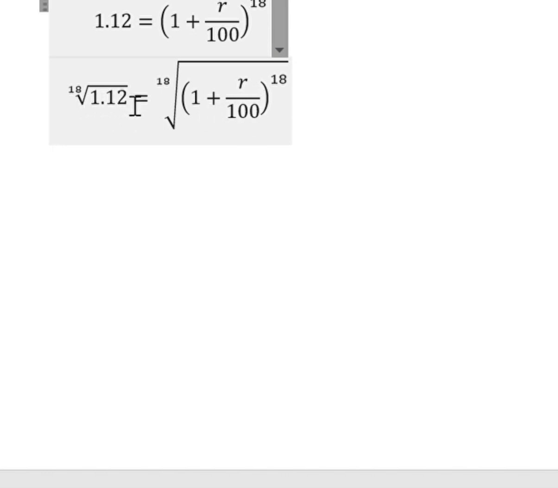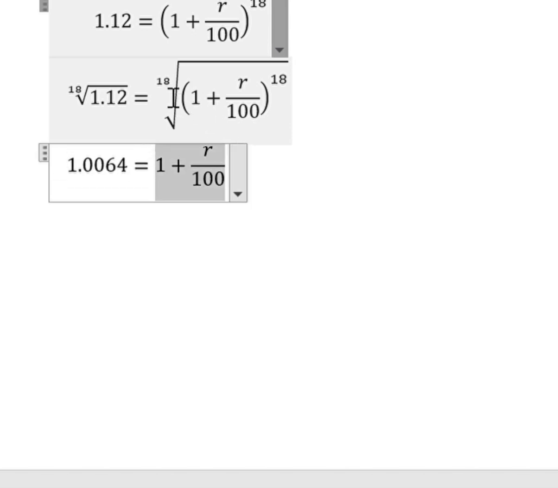For this one we use our calculators or 4-figure mathematical tables to find the 18th root, and that is 1.0064. That is equal to 1 plus rate over 100. Remember, this root has cancelled the power.